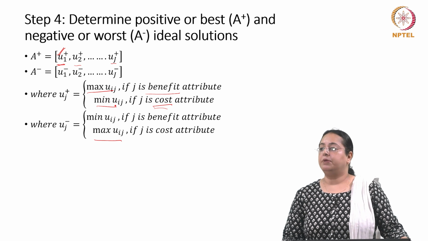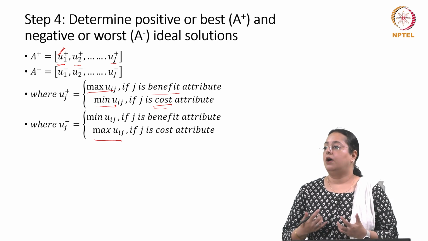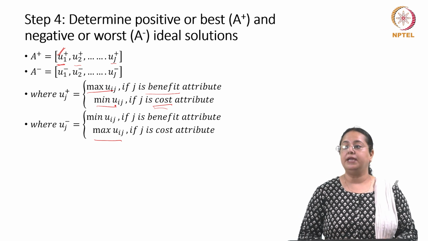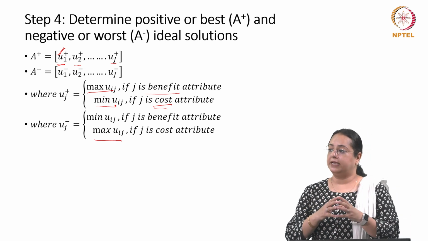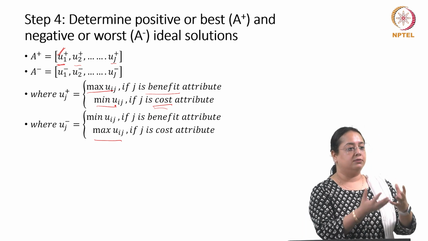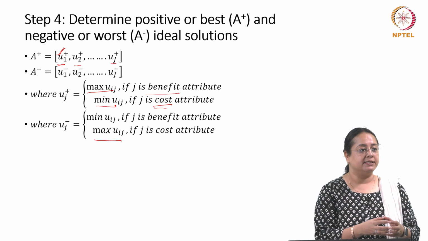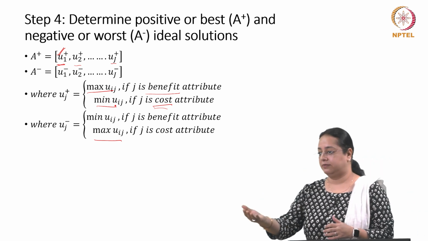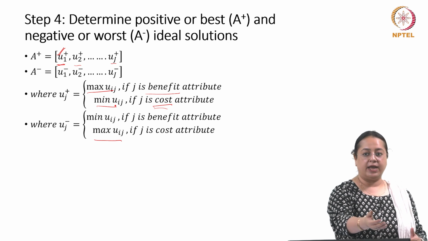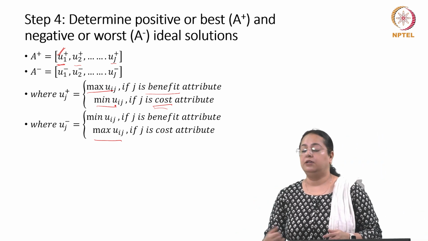Because when you are solving a real business problem, there would be some performance indicators, numerical value wise, where some would be more the better, some would be lesser the better, like your cost or the lead time.